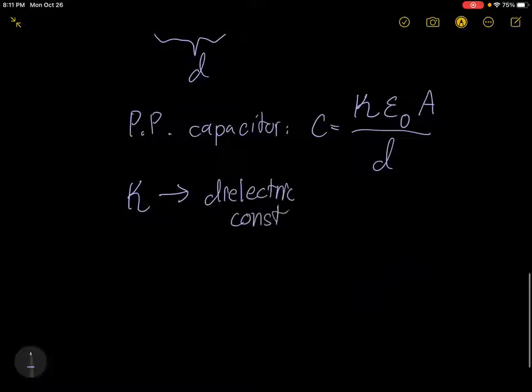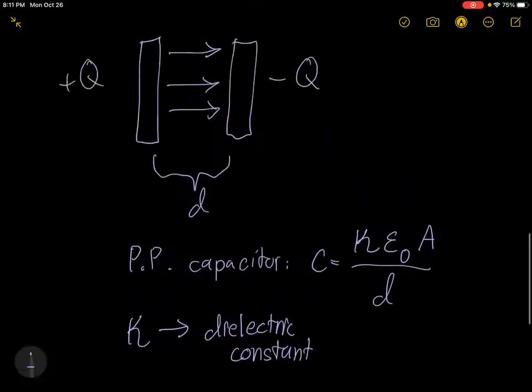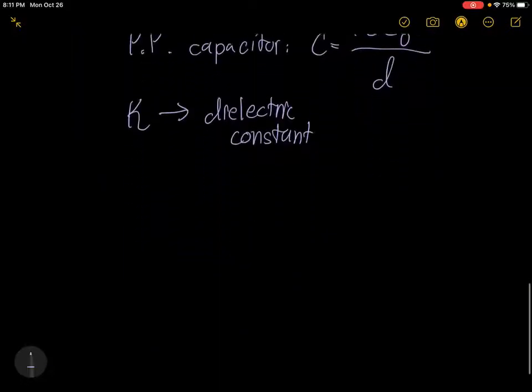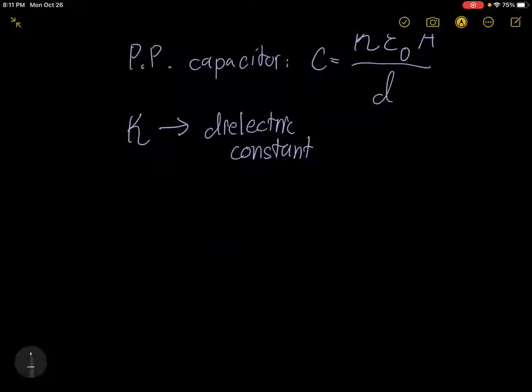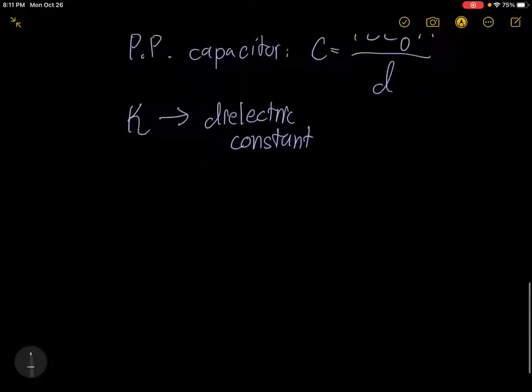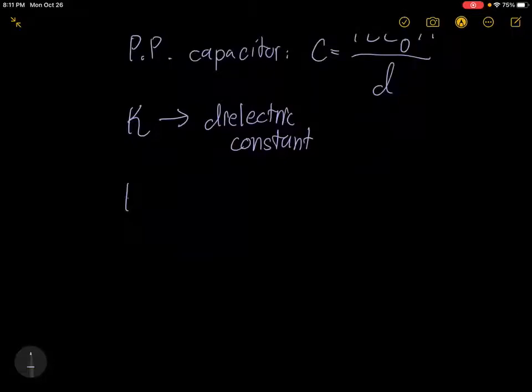And as I mentioned earlier, sometimes for capacitors, there's an insulating material between the plates. It's known as a dielectric. It helps to better store energy inside the capacitors, and this constant accounts for that. And if there's nothing between the plates, so basically just thin air, the constant is roughly equal to 1, so you can pretty much just neglect it.